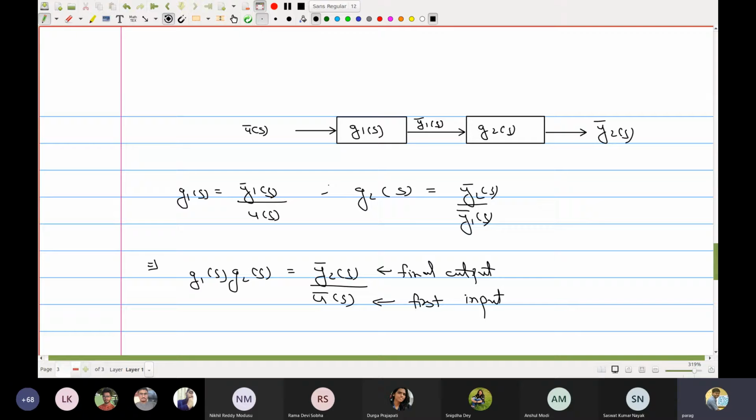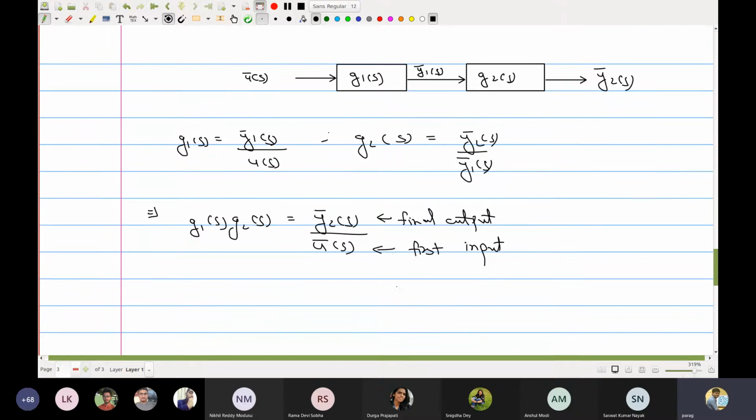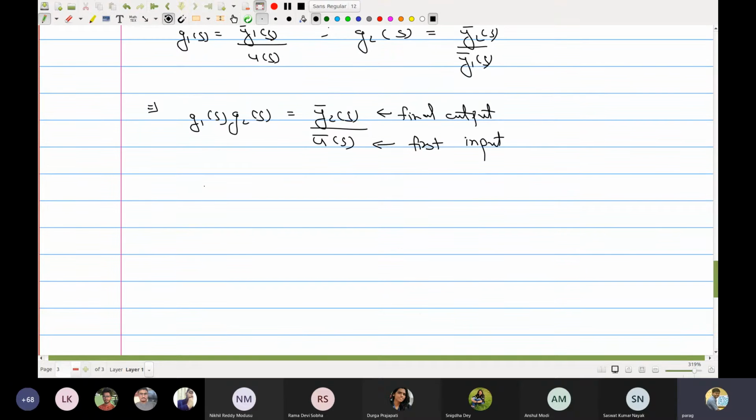And this is your overall transfer function, which means if I denote my overall transfer function for an nth order system as G bar of s, then it is going to be simply the product from i equal to 1 to n of G_i(s).